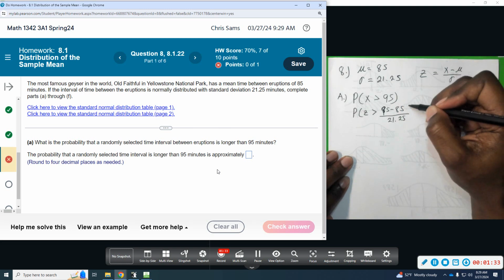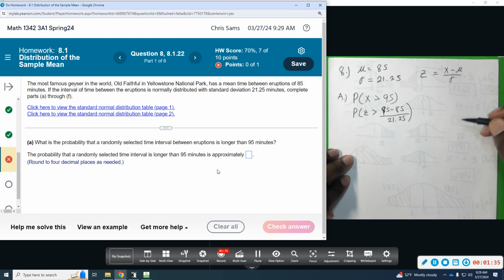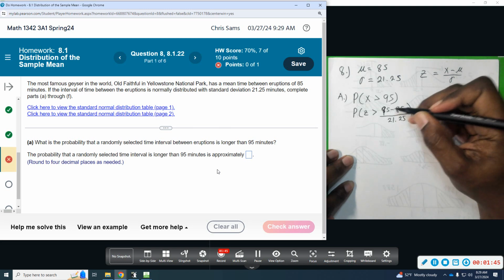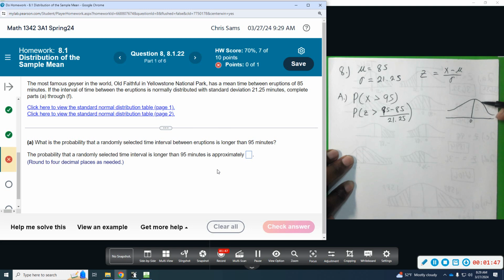We would apply this, get a Z-score, and then find that value on the table. In the standard normal, the mean will be in the middle, 0. Since 95 is greater than 85, this will be some number on the right side, and we will be looking for the area to the right. So just based on that, I can tell it's going to be less than 50%.